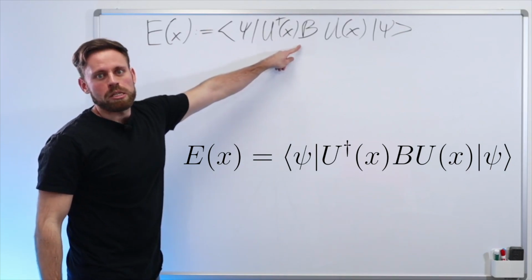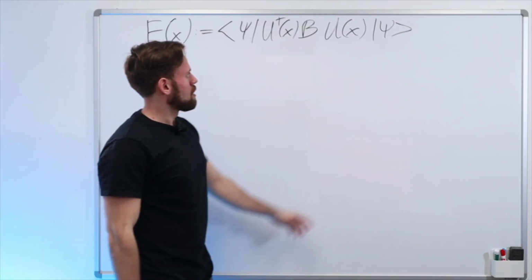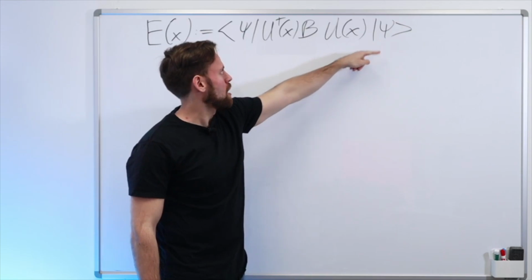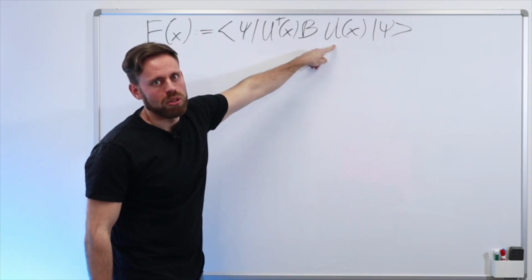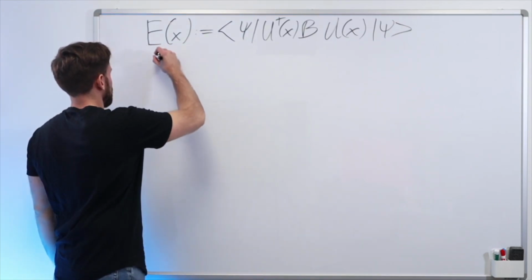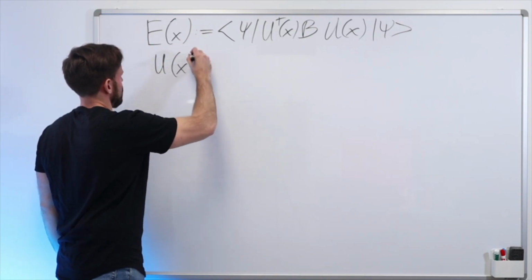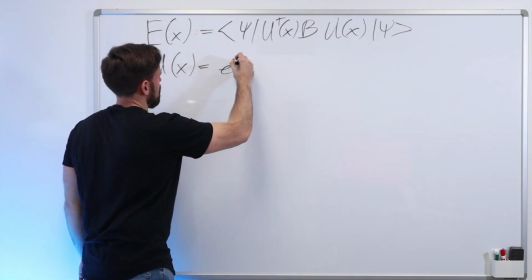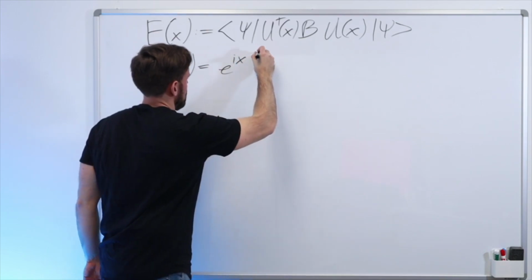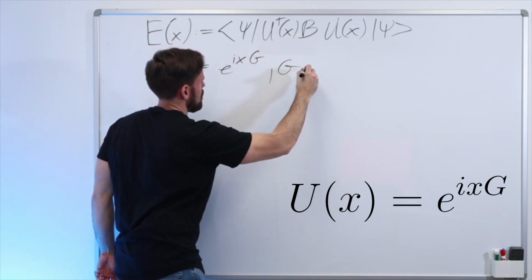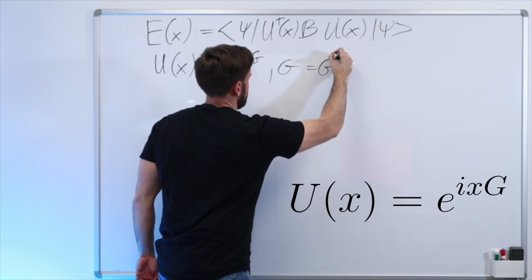We are computing the expectation value of operator B such that we have a quantum state psi, which is evolved by some unitary U(x). We can further write U(x) as e to the power of iGx where G is going to be the Hermitian operator.